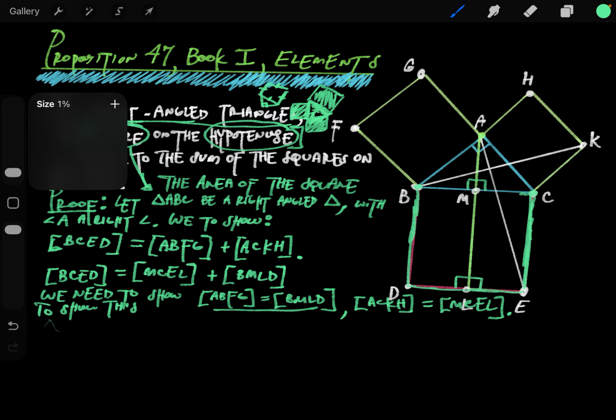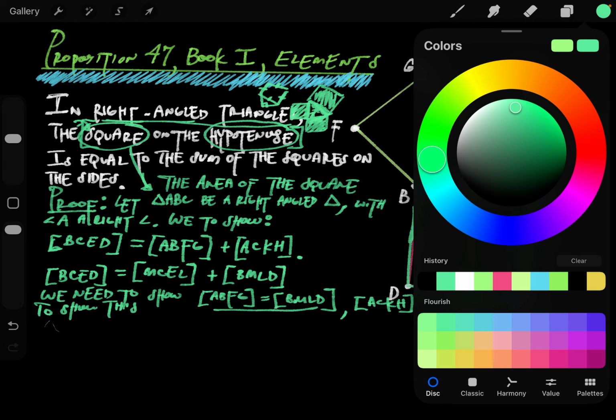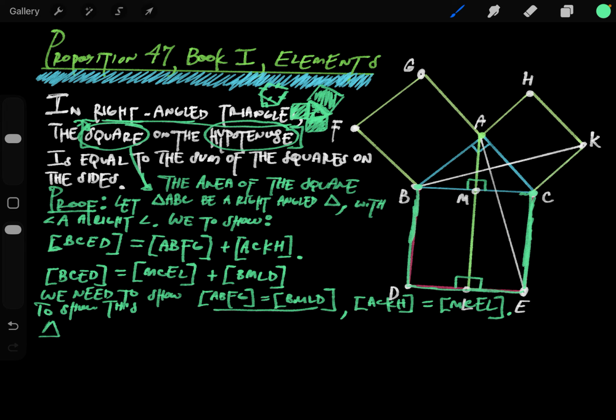So it doesn't seem like it's useful what we're doing right now, but it all comes together. So why do I care about this triangle? I want triangle BKC to be congruent to triangle AEC. We show this first.